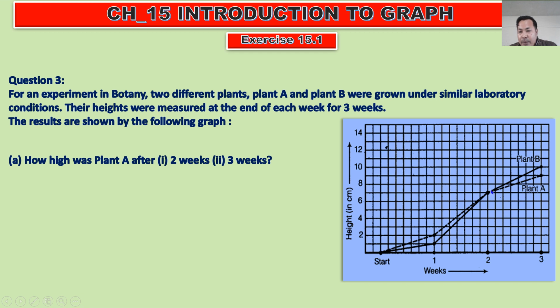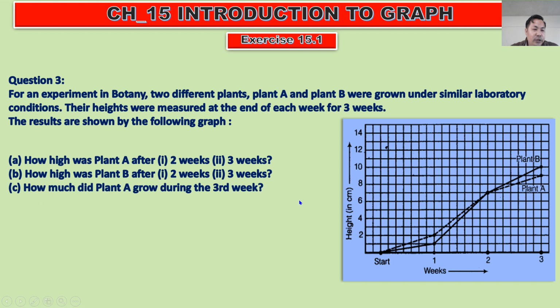One is for plant A, one line is for plant B. So first question is how high was plant A after 2 weeks and 3 weeks. Then next we have the question, how high was plant B after 2 weeks and 3 weeks. The same question for those two plants.